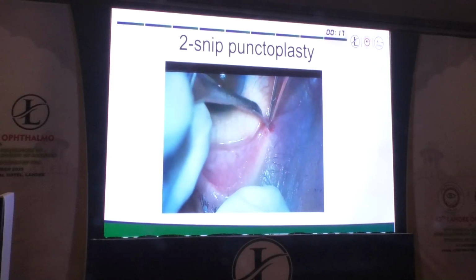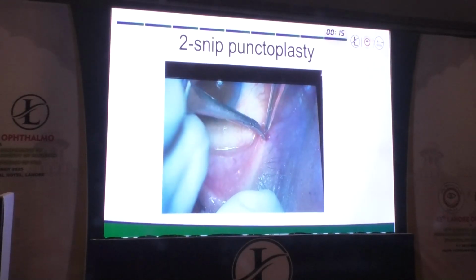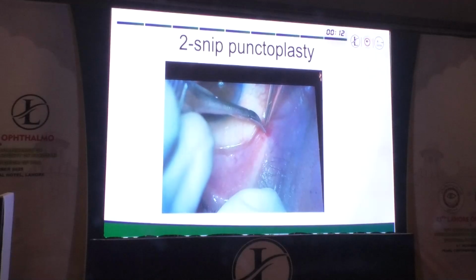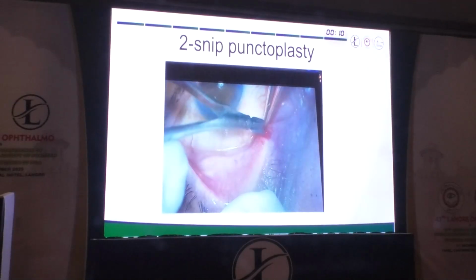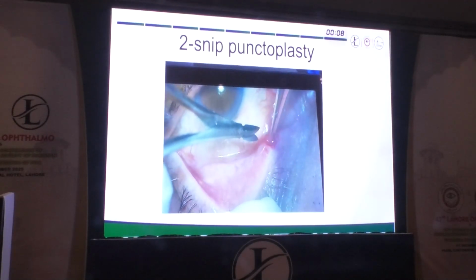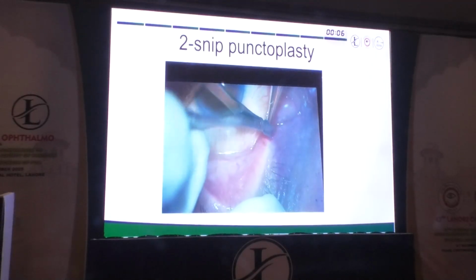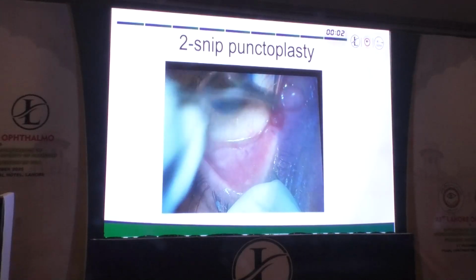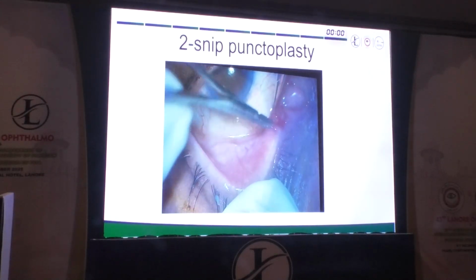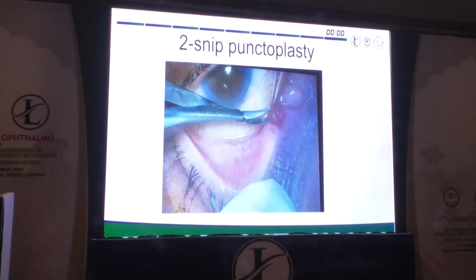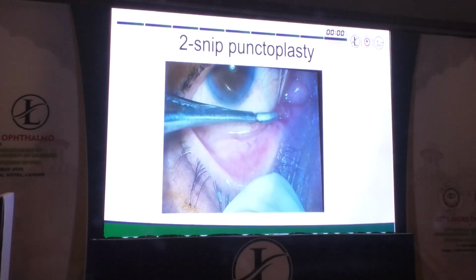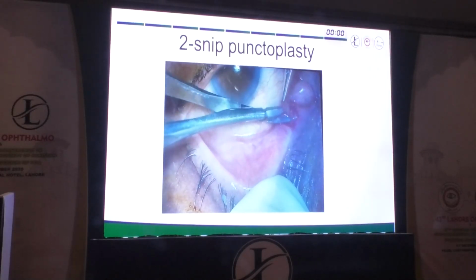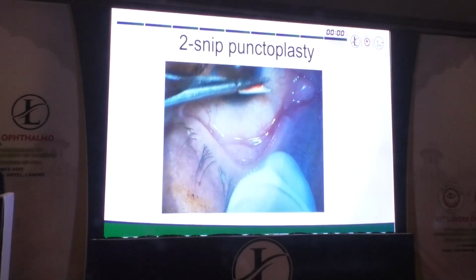And you make a vertical cut on the lateral wall of the canaliculus, then a vertical cut on the medial side, and then remove the posterior wall of the vertical part of the canaliculus.